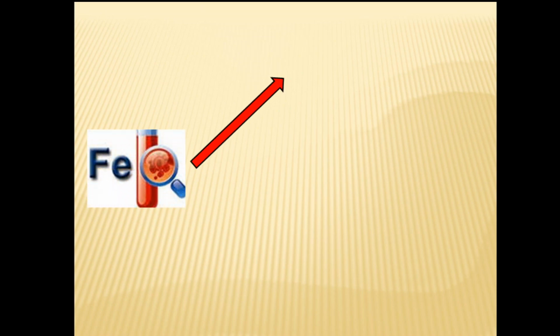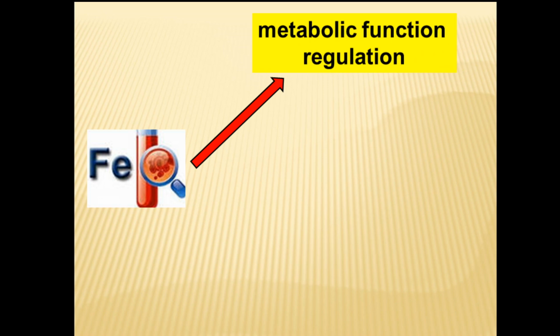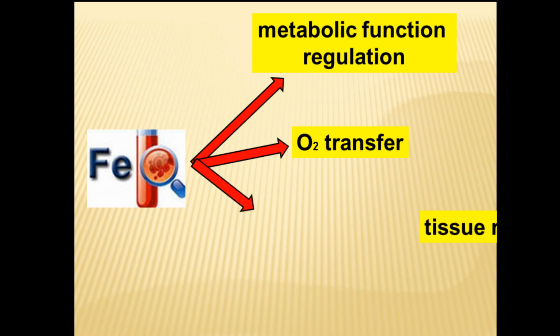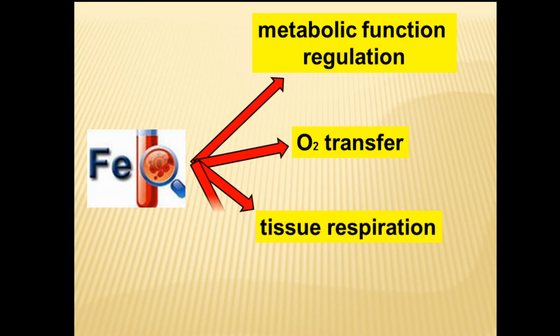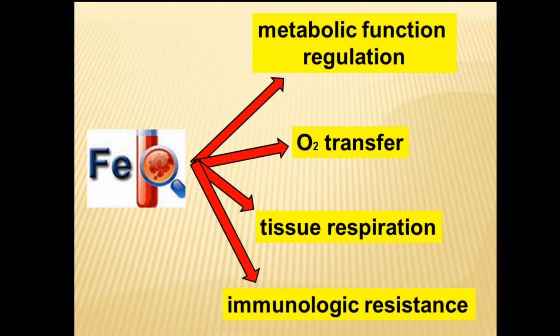From physiology, you know that iron takes active part in metabolic processes in our organism because it controls some metabolic regulation functions, transport of oxygen, tissue respiration, and immunological resistance.